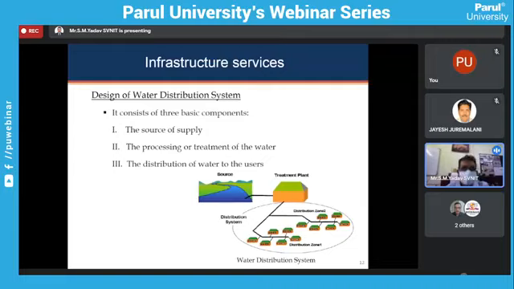For the first infrastructure facility, it is the design of the water distribution system. As you know, the basic components of a water distribution system are the source of supply, to identify or find out the source of supply, the processing or treatment of the water, and third is the distribution of water. For all these three components, the role of the water resources engineer is critical and crucial.